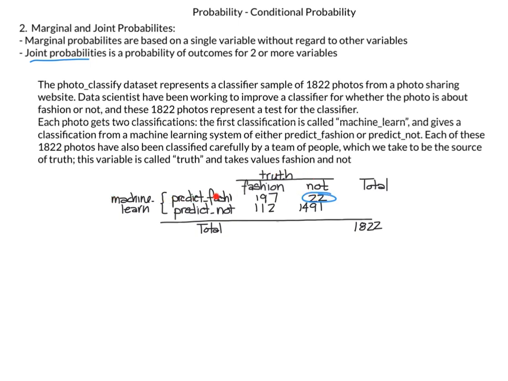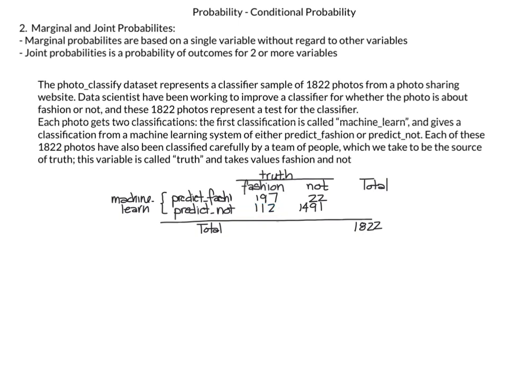However, it's in the row where the machine learning said incorrectly that it was about fashion. This 112 then represents photos that our experts said were about fashion, and our machine learning, because it's in this row, incorrectly predicted it was not about fashion.